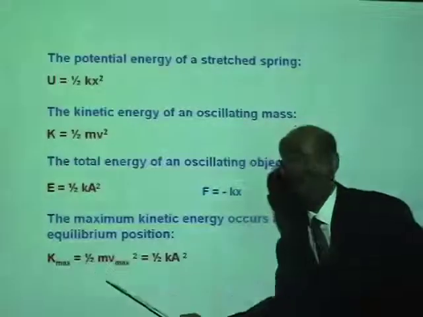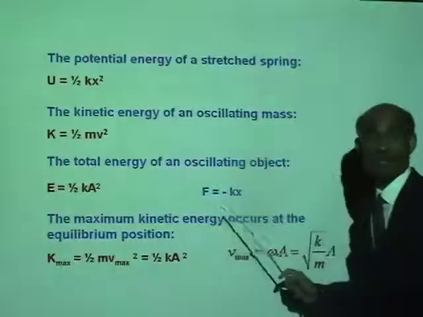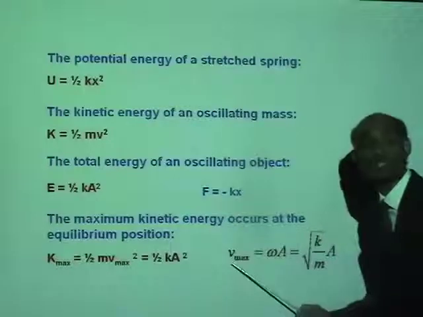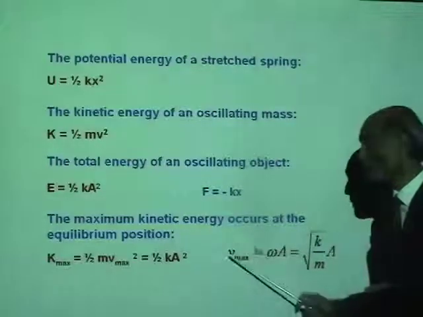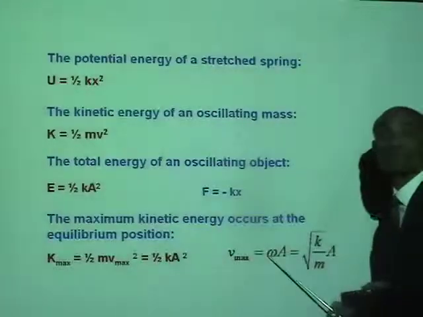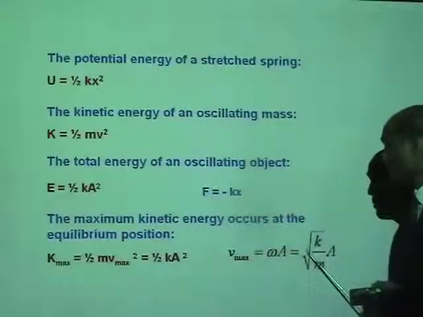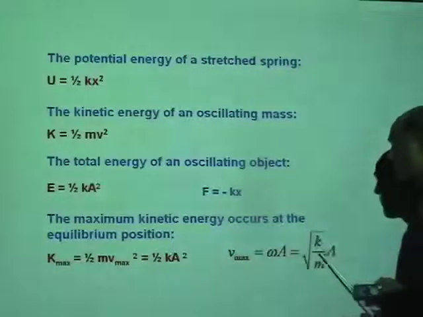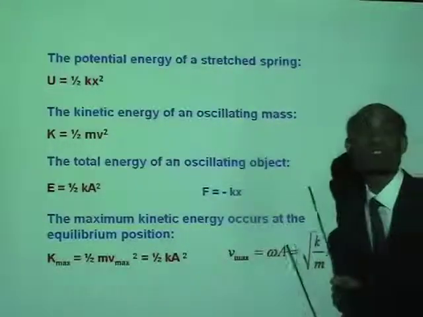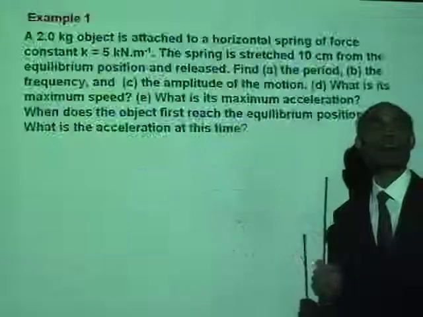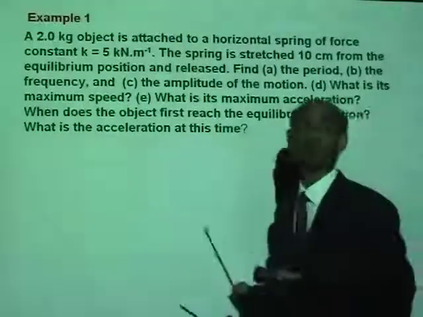You see, that's the total energy. Now, solving that gives you the same equation. We have actually seen this equation before. V max equals omega A, and omega is the square root of k over m. So, all these equations will be useful as we go on to solve problems.